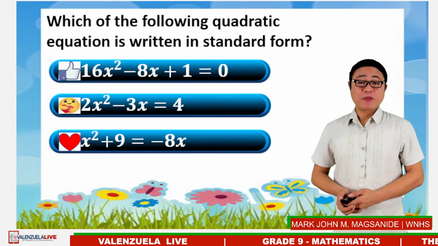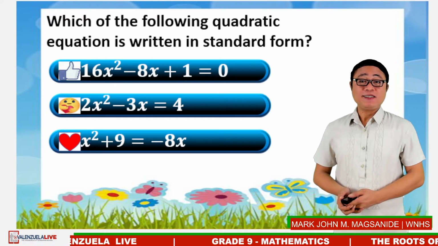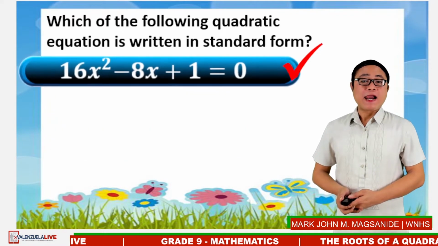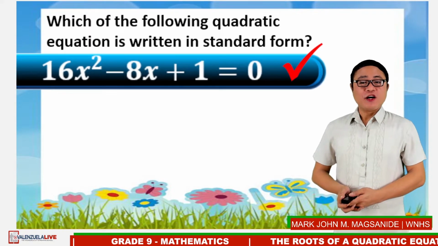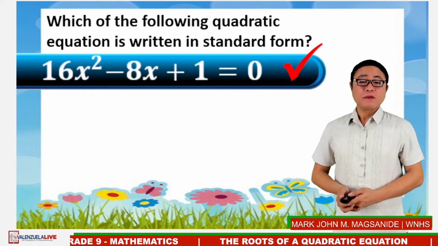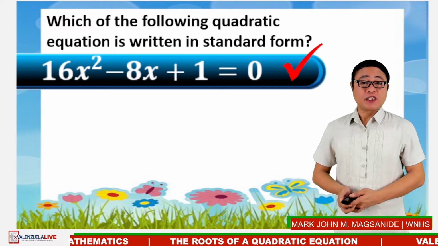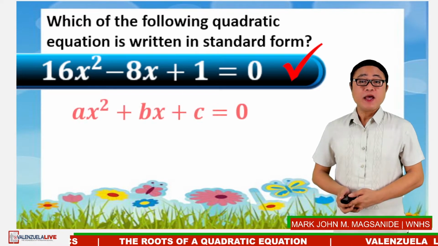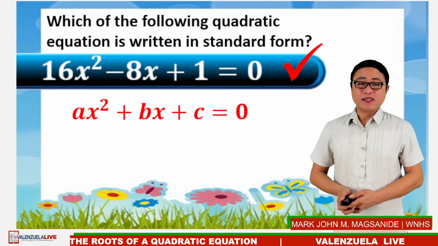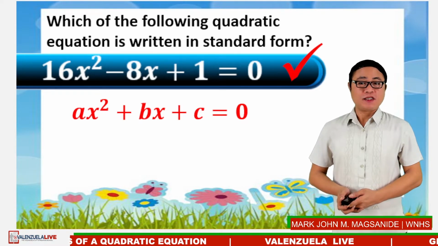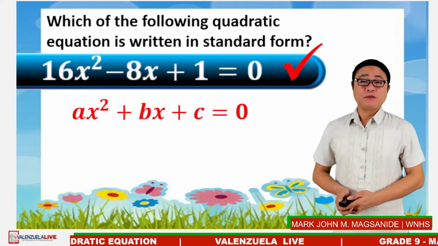Time is up. The correct reaction is like. Recall that the standard form for a quadratic equation is written in the form ax squared plus bx plus c is equal to 0.